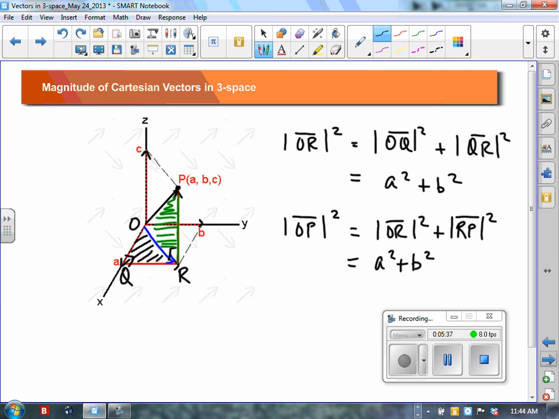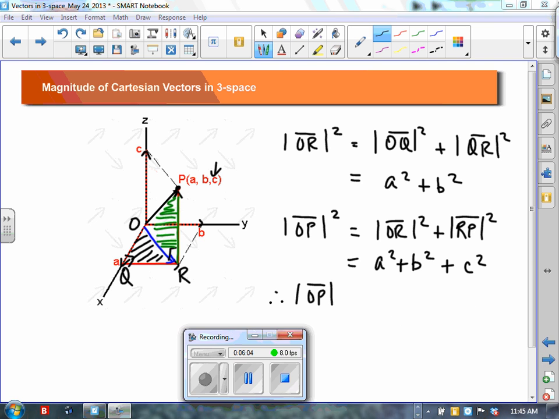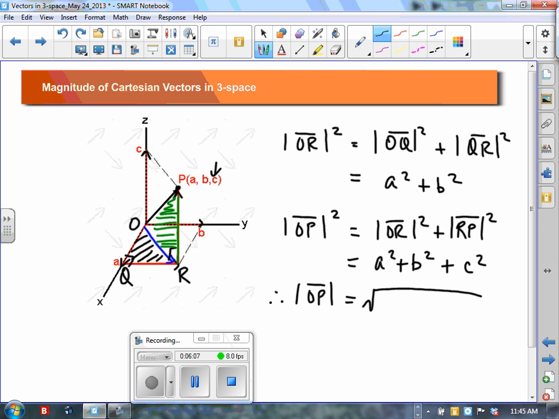And given that c is the z component, the point P is actually c units above the point R, or c units above the XY plane, so we'll be adding on c squared. Therefore, if we are after the magnitude of the vector OP and not OP squared, then we'll take the square root of a squared plus b squared plus c squared. You can very well imagine that in some of the problems you'll be faced with, you'll need to determine the magnitude of vectors in 3-space.